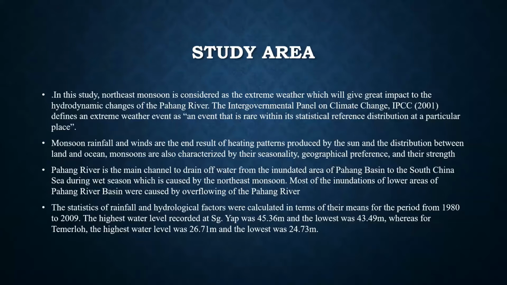The mean discharge of Pahang River from 1980 to 2009 at Sungai Yap was 845.78 and at Temerloh was 1008.50. The water level, which went beyond the danger level in recent 3 decades, had also been identified.